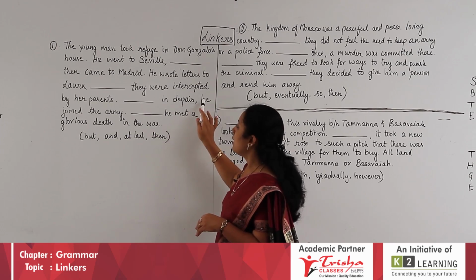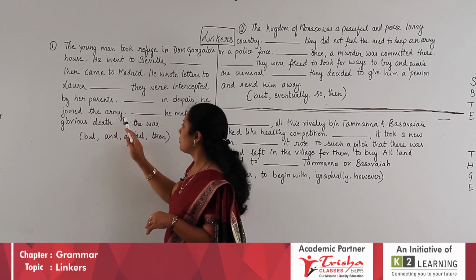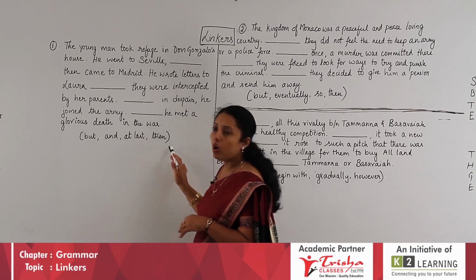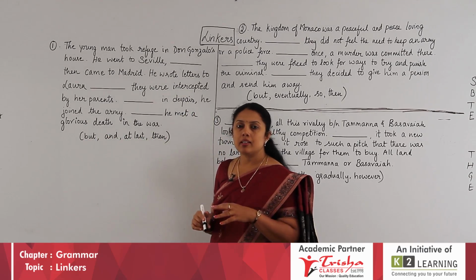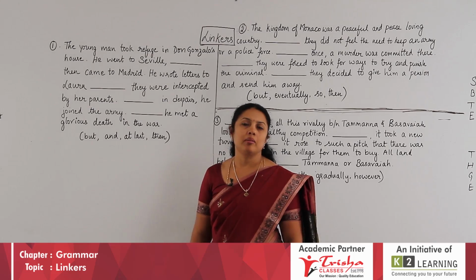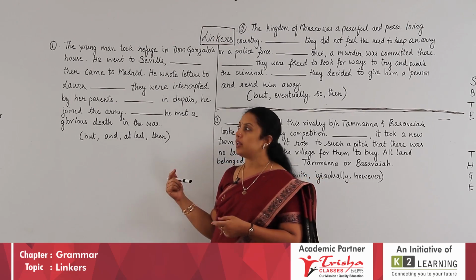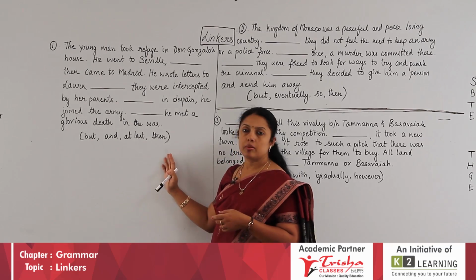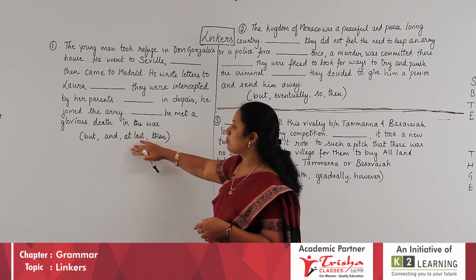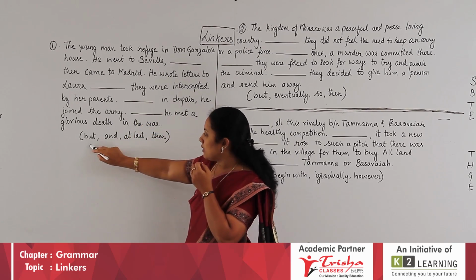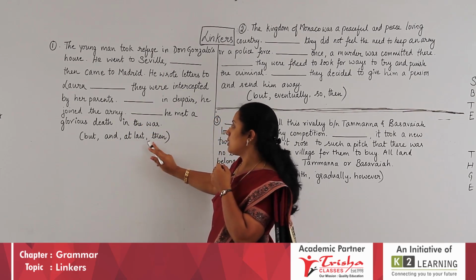In despair, he joined the army. He met a glorious death in the war. This is a few lines, bits here and there taken from the lesson, the skit A Sunny Morning. These are the linkers. Now we will try to match these and put them into the sentences. The linkers are but, and, at last, then.